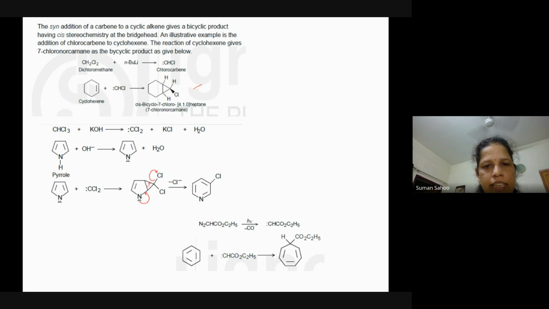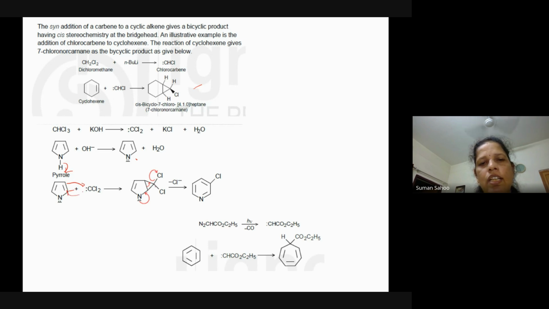When it reacts with pyrrole, you get a ring expansion. First, this hydrogen is acidic, so that gives you the pyrrole anion. Now that reacts with the dichlorocarbene, and the addition goes here.